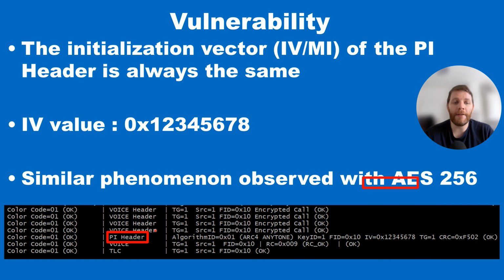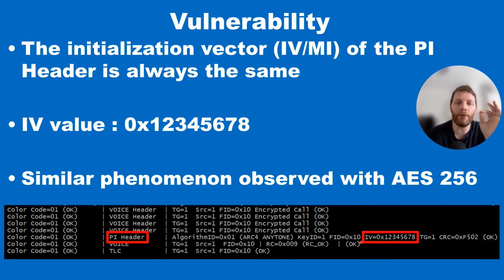If you try DSD, for example, you can use my own DSD, available on GitHub. I will make a link below the video, and you will see that the IV used here in the PI header is always the same, 0x12345678.